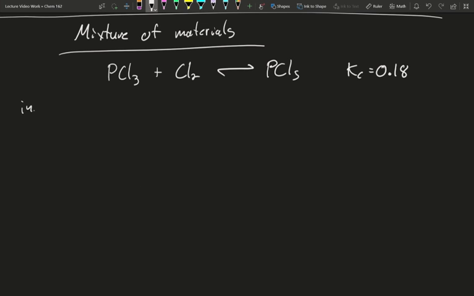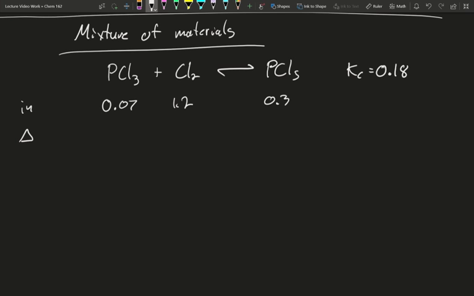Let's say I had initial concentrations in 1 liter, and so these are the moles in that liter. We had 0.07 molar PCl3, we had 1.2 molar Cl2, and we had 0.3 molar PCl5. Well, the first thing we need to do is identify which direction this reaction is going to proceed.